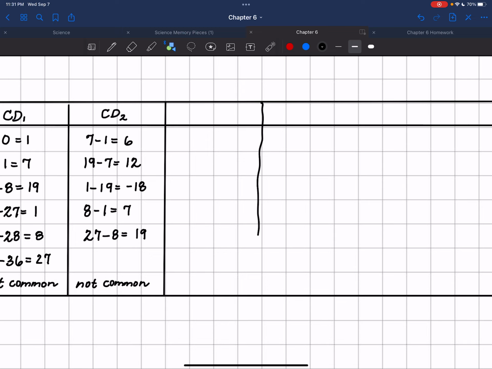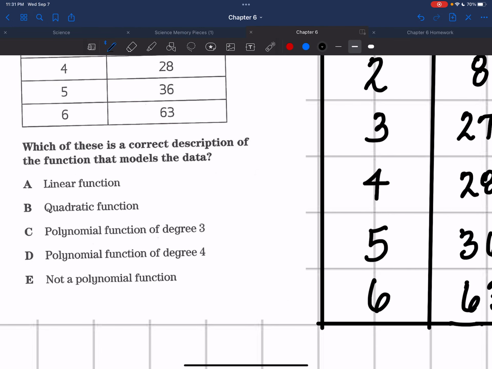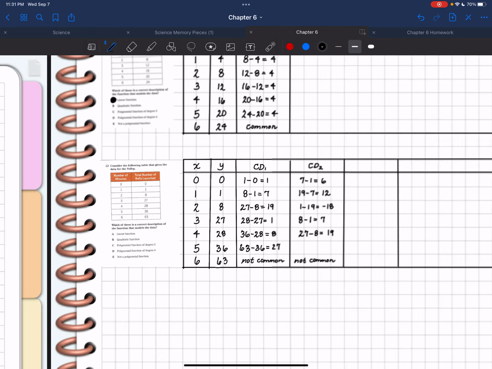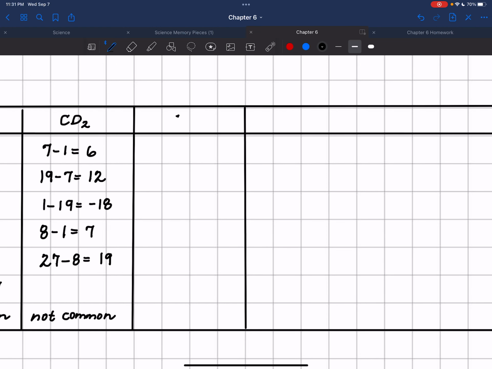Okay, since level 3 is one of my choices, in other words, it's choice C, I need to at least check for that. So this is consecutive difference at the third level, and we get 12 minus 6 is 6.